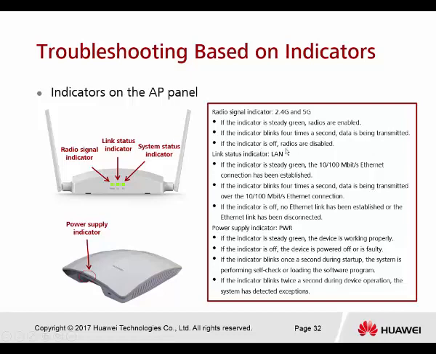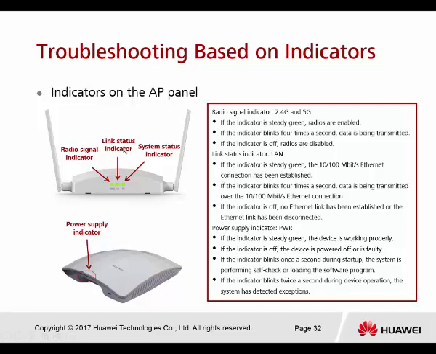When there's no light, the radio is disabled. The link status, the first one is radio, the second one is for the link. If the indicator is steady green, the connection is established. When it blinks 4 times a second, data is being transmitted.